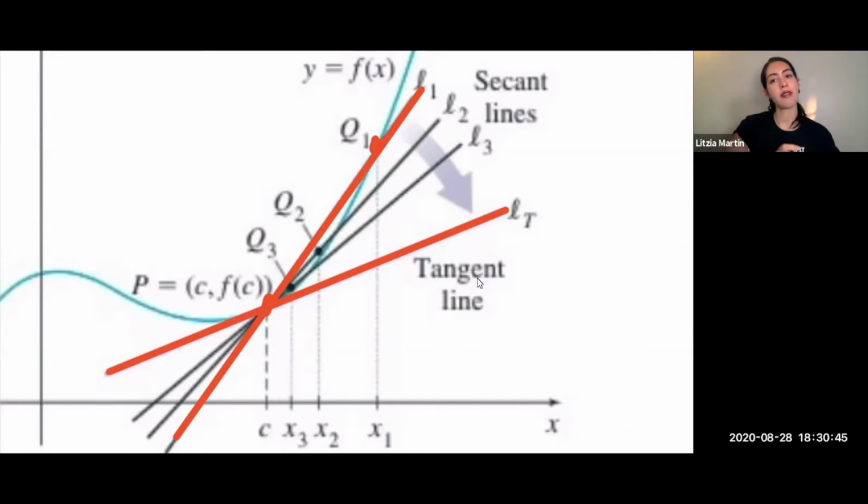However, does this have a similar slope to the tangent line? Not quite, right? But if I pick a point, say that point right there, that is now closer to the point where the tangent line is, and I draw the secant line, we can see that the line is now just a little bit closer to the tangent line.